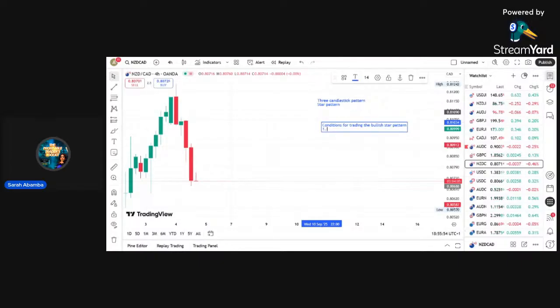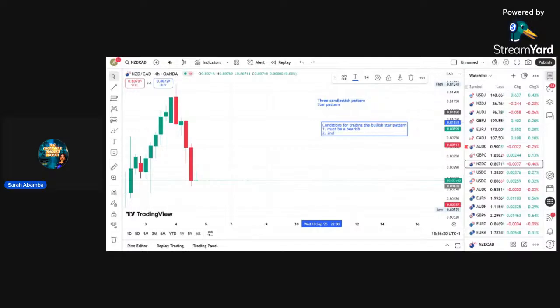So your first candlestick is a must. These are the conditions. Sorry, it must be a bearish candle. We are looking at the bullish star pattern. So your first candlestick must be a bearish candle. It's a must.